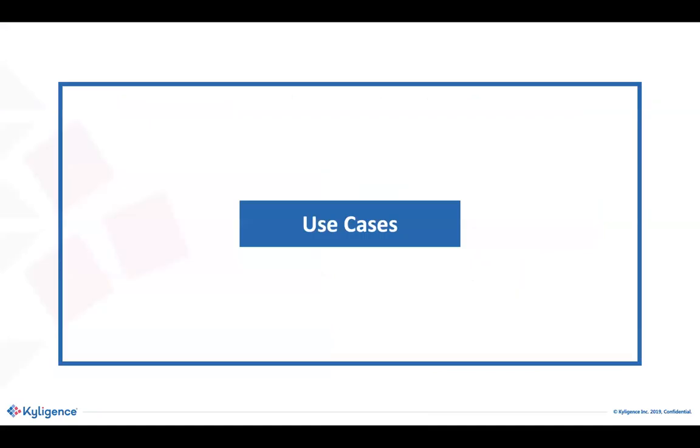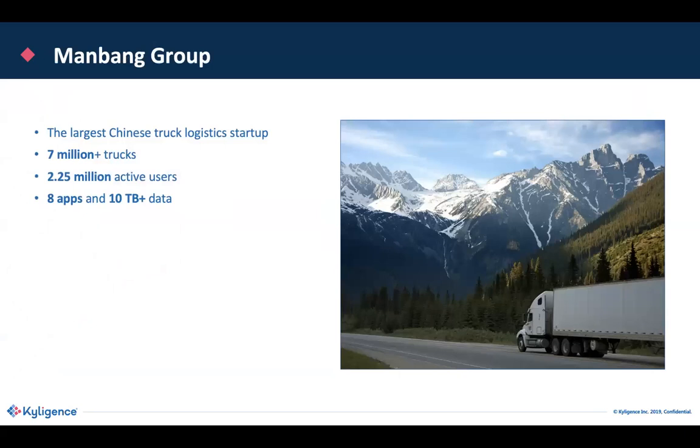Now, let's take a look at use cases shared by other users in the community. The first use case is from Manbang, which is the largest Chinese truck logistics startup company. There are more than 7 million registered trucks and 2.25 million active users.